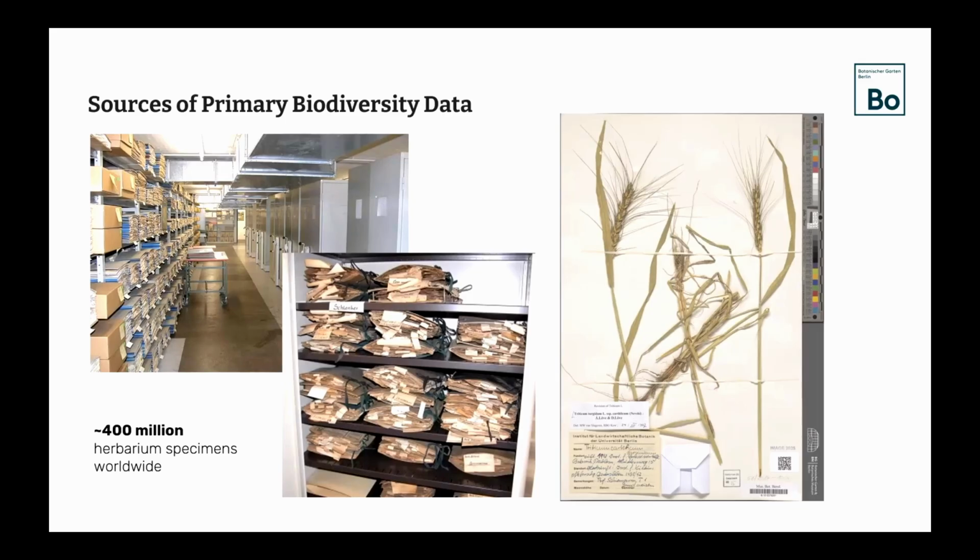It is estimated that in herbaria worldwide, there are about 400 million herbarium specimens, and most of them are not on display as in usual natural history museums. In Berlin, they're stored in an underground vault and usually just accessible to scientists.